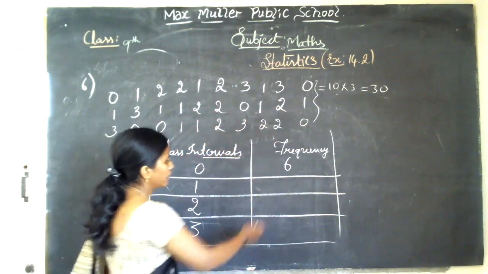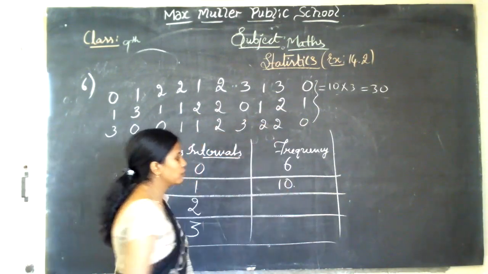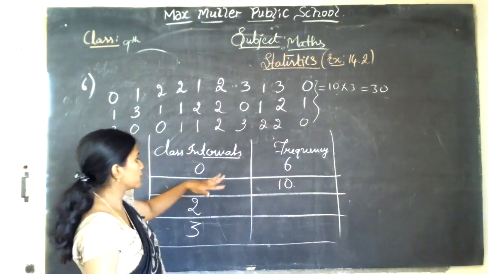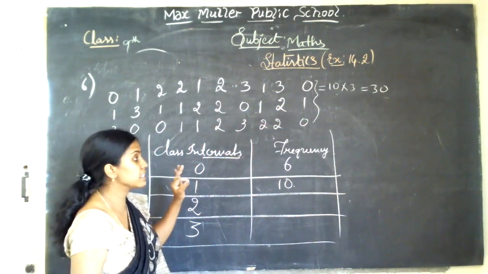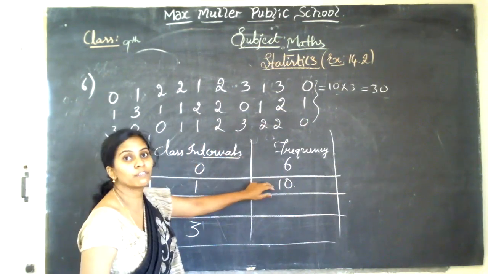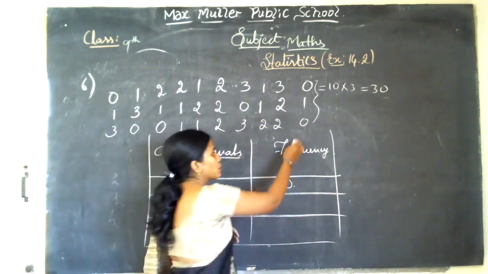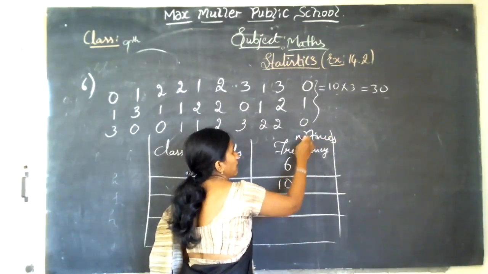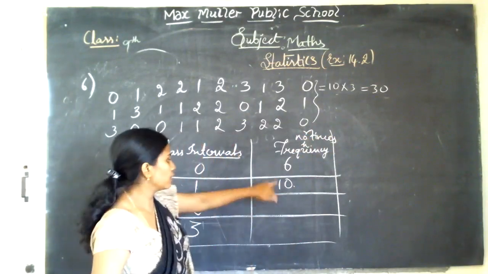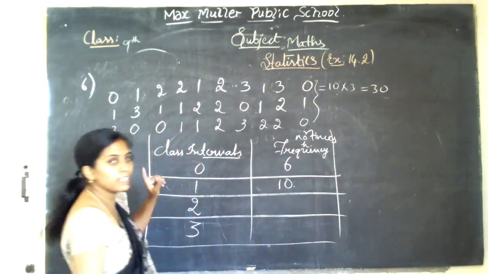So this is 10. So 10 times they have got 1 as head. That is the meaning. This frequency will tell you the number of times they have got that many heads.